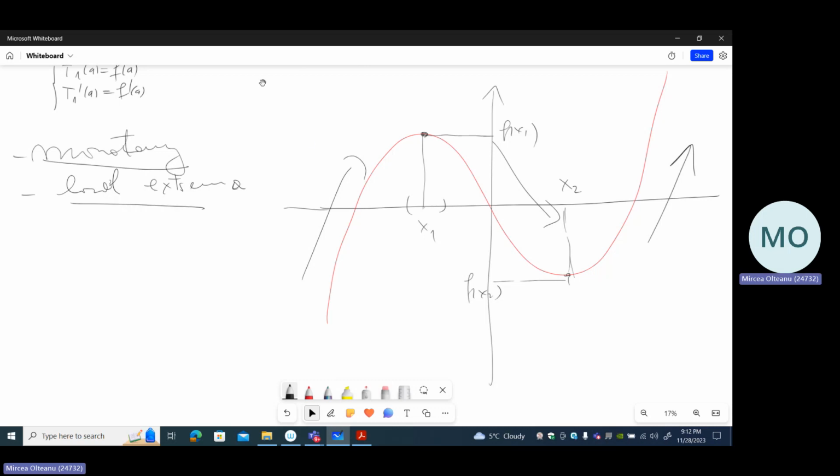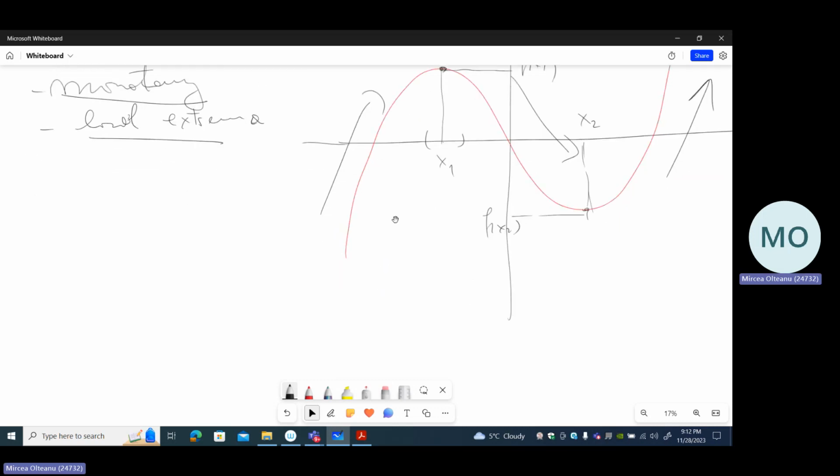Okay. The monotony is given by the sign of the derivative, if we think of the geometric meaning of the derivative as the slope of the tangent line. And the local extrema, let's give the definition.